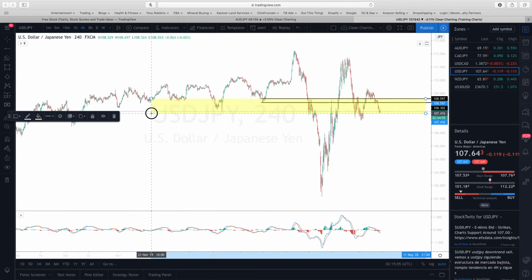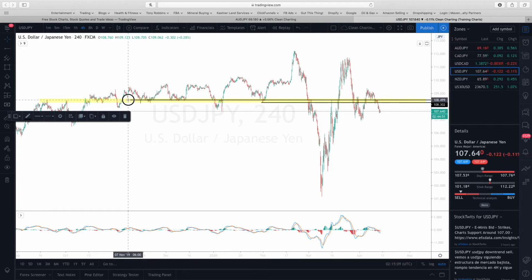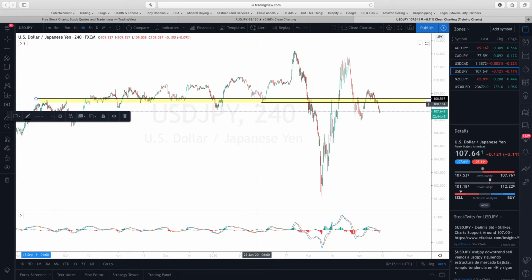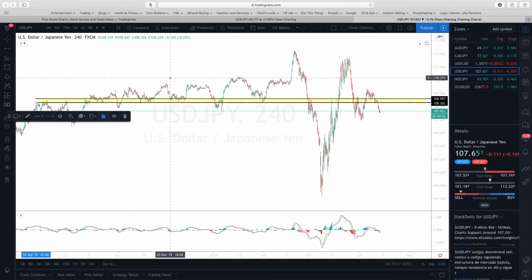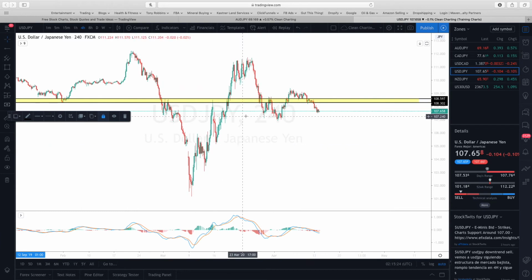As we extend out here, you can see just by drawing this zone right here, you can take this even further, in which price has come up and rejected, pushed higher, rejected, pushed higher, rejected, fake out, push higher. So with USD JPY, what we would be doing is looking for a possible zone of support.